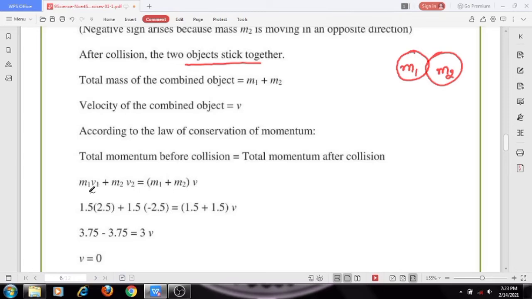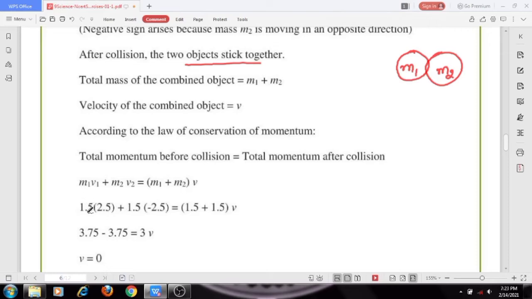It represents initial, and what does v2 represent? It represents after collision, right? Then equal to m1 plus m2. Why did we take this m1 and m2 after collision? Because the two objects are stuck together, so we had to add their masses. So m1 plus m2 into v.